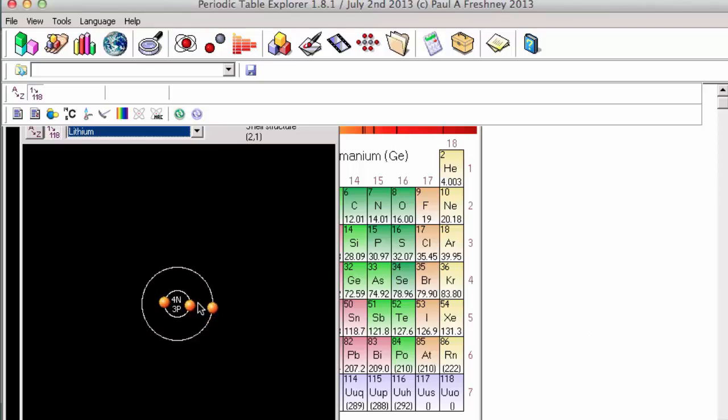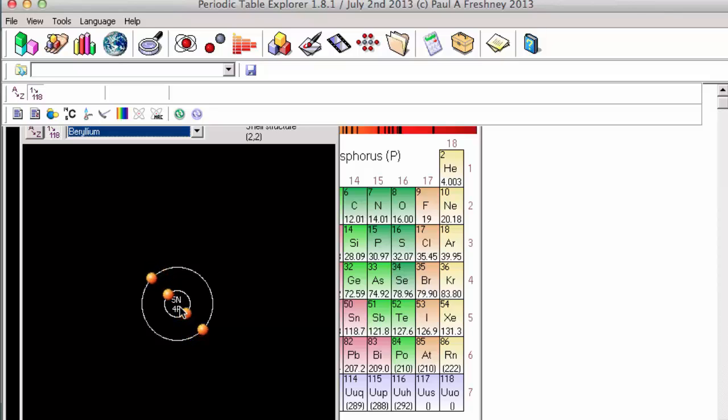So let's observe lithium. 3 electrons, 2 on the inner shell, 1 on the outer shell. Beryllium, 4 electrons, 2 on the inner shell, 2 on the outer shell. And so this extra electron and the extra proton will increase the force of attraction, pulling the outer shell closer to the nucleus, causing the atomic radius to be smaller.